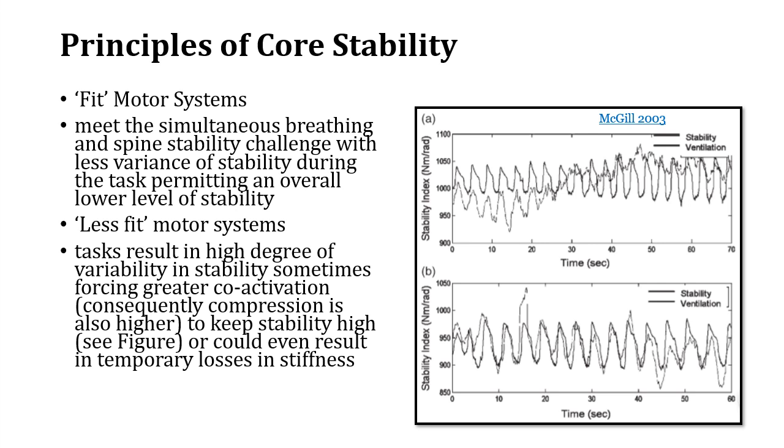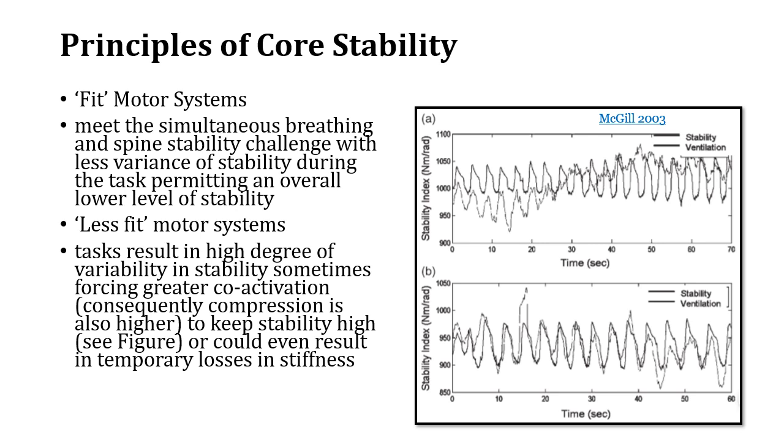Okay, so McGill describes a fit motor system versus a less fit motor system when it comes to the spine and particularly the low back, and how we as humans can have sufficient, therapeutic stabilization and stiffening without compromise. In his fit motor system model, he talks about how we simultaneously breathe and meet the spinal stability challenges of a particular task with less variance of stability during that task.